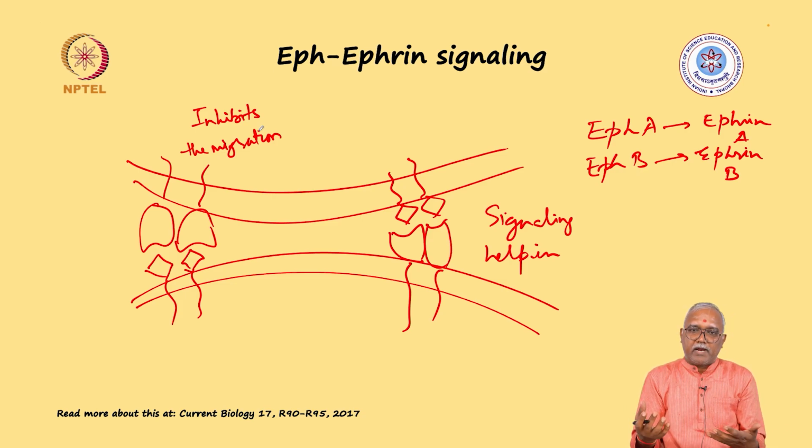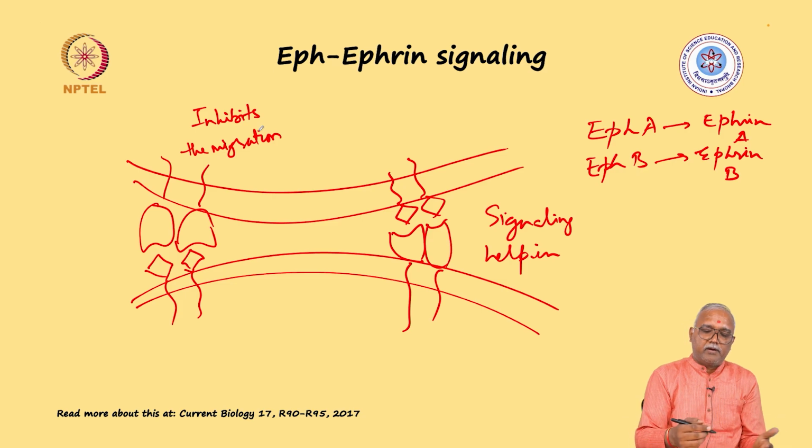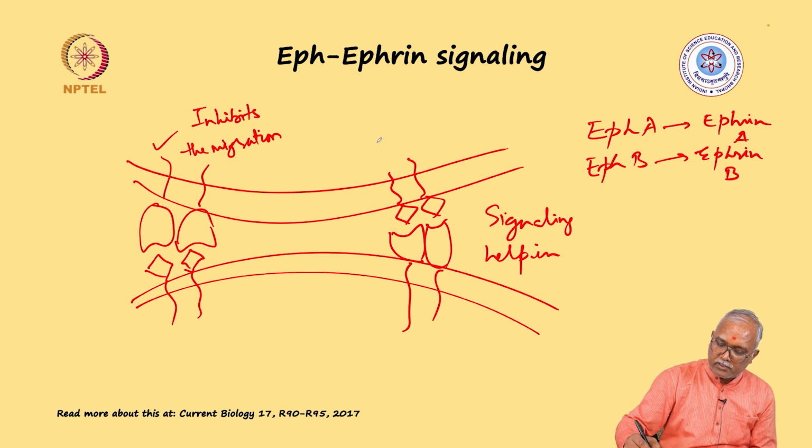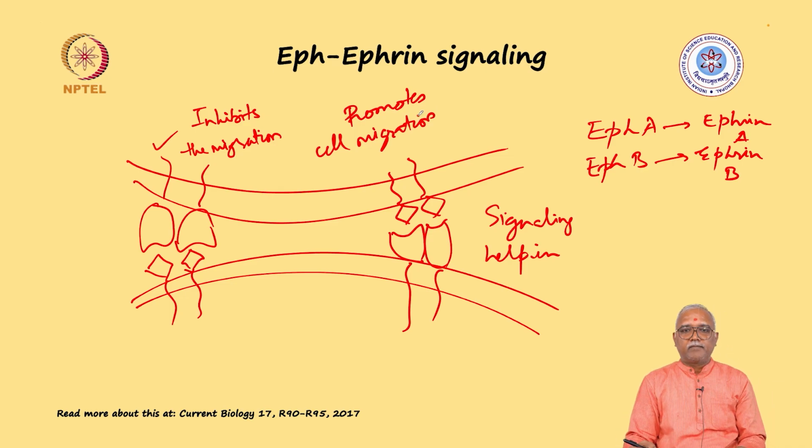If they need to migrate, they will be inhibited for the migration. Then sometimes it does the opposite, promotes cell migration, like in case of wound healing. You need cells to move towards the wound and heal the wound. So Ephrin signaling is involved in that as well.